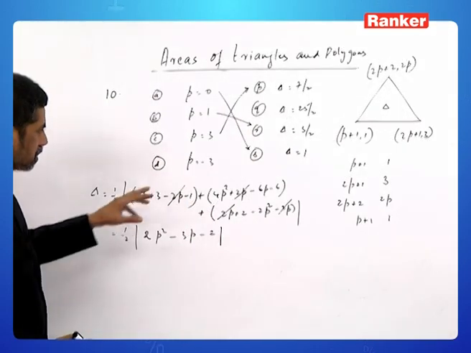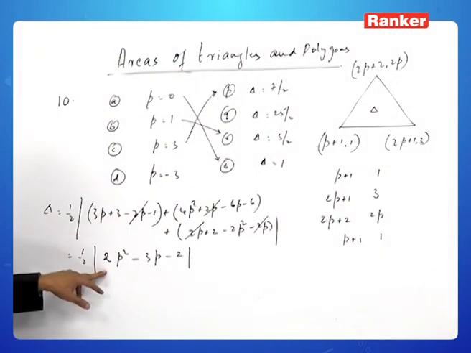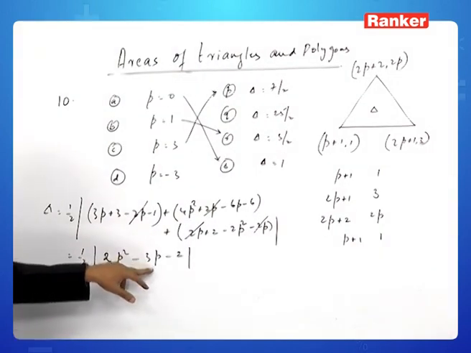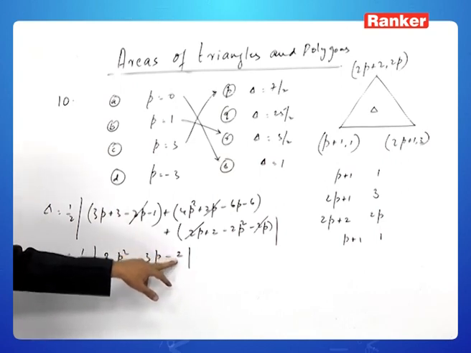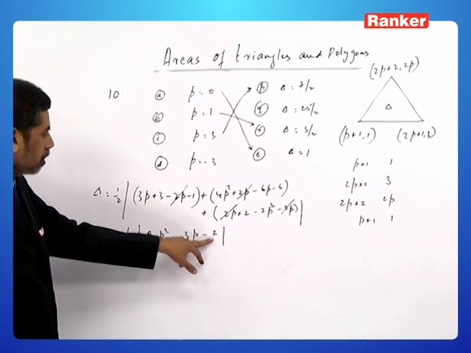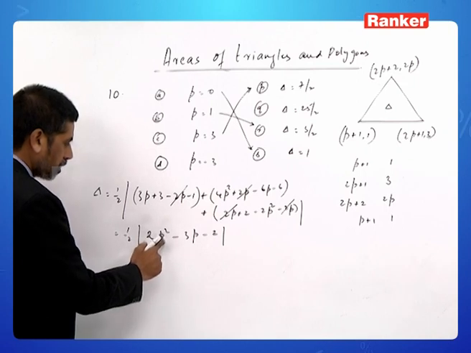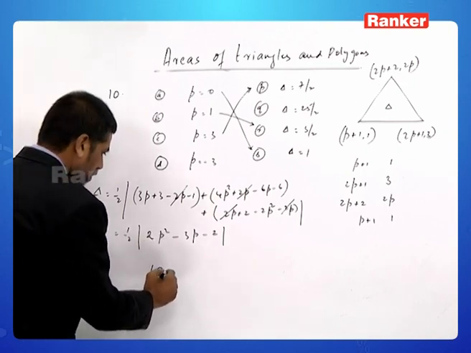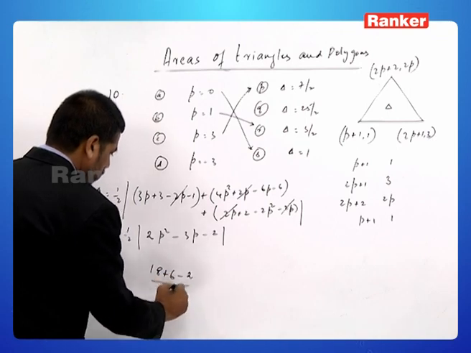And then with minus 3, this is again 9 into 2, 18. But this becomes plus 6. 18 plus 6 is 24. 24 minus 2 is 22. So, with p is equal to minus 3, this becomes 18 plus 6 minus 2.